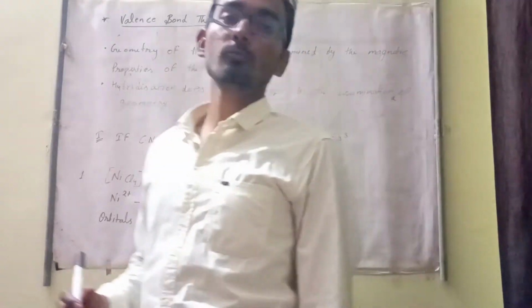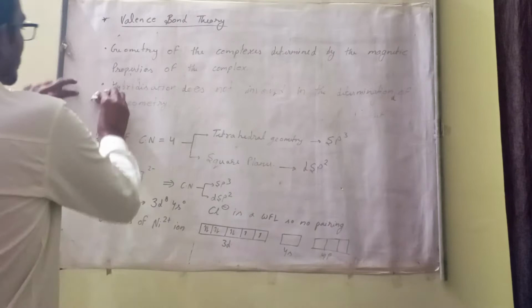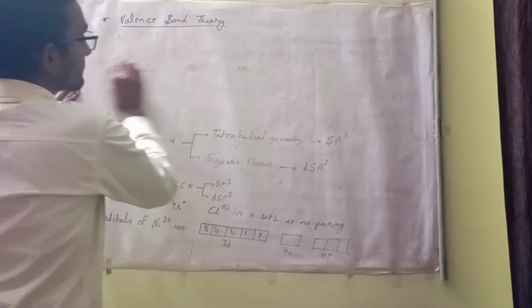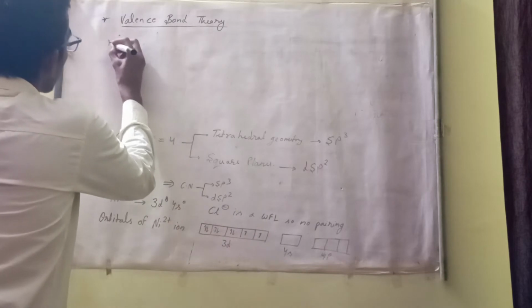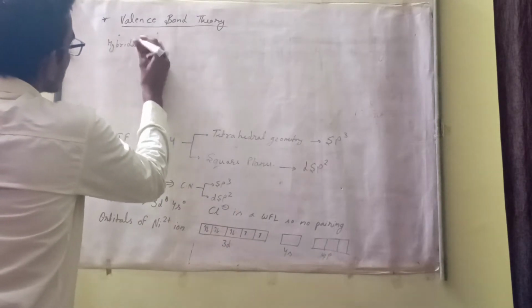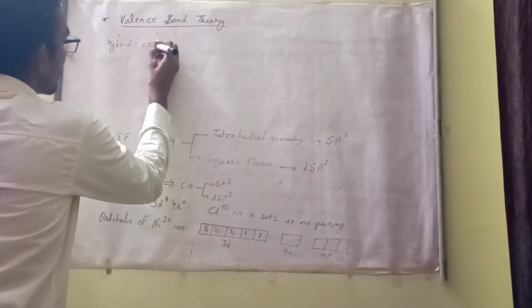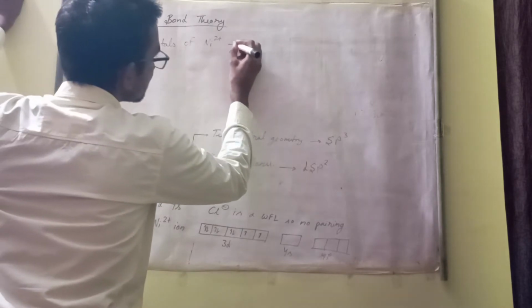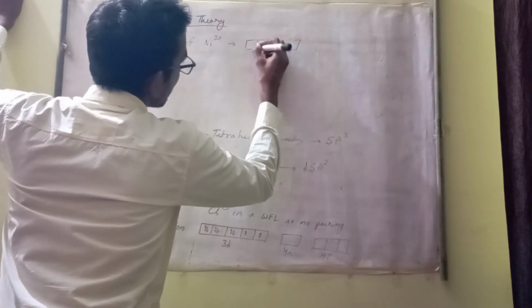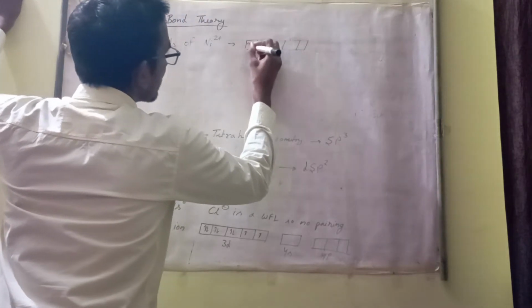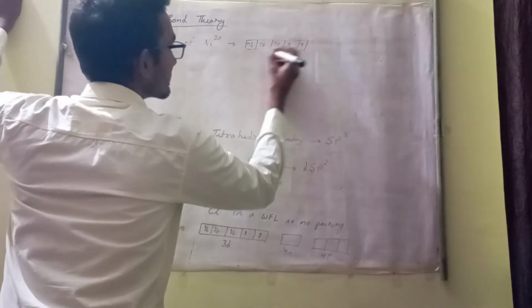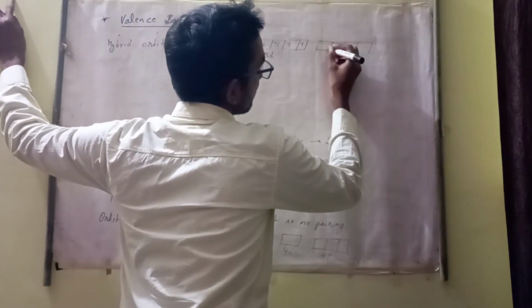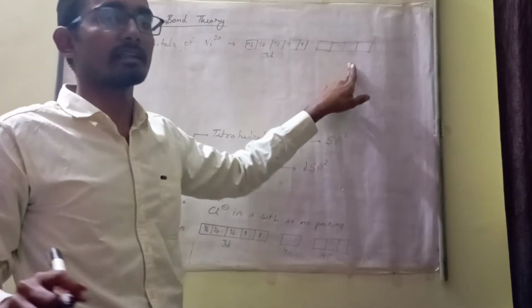The hybrid orbitals of nickel 2 plus are the 4s and 4p orbitals: one s orbital and three p orbitals are the hybrid orbitals.